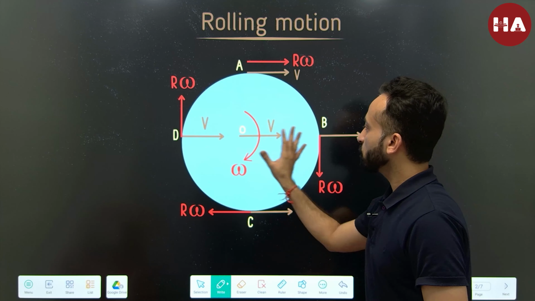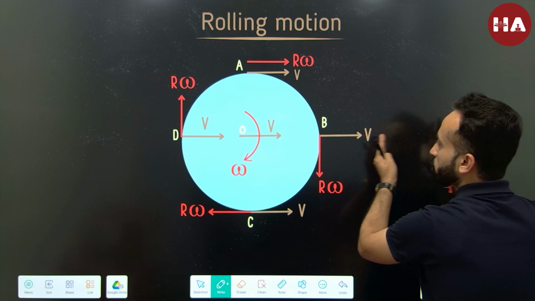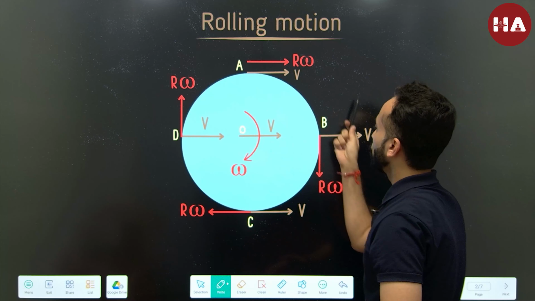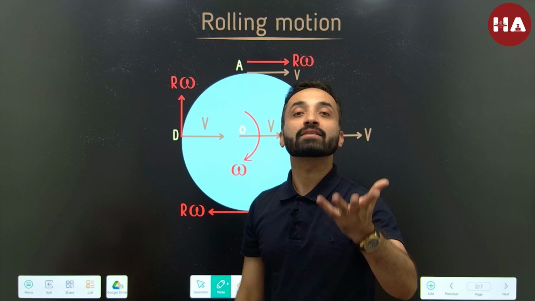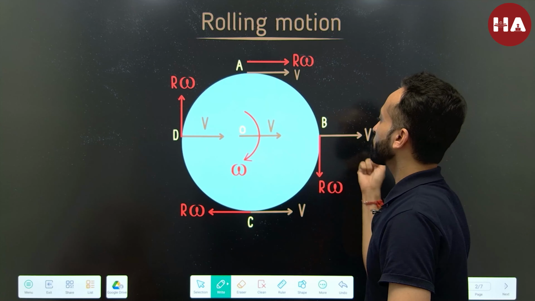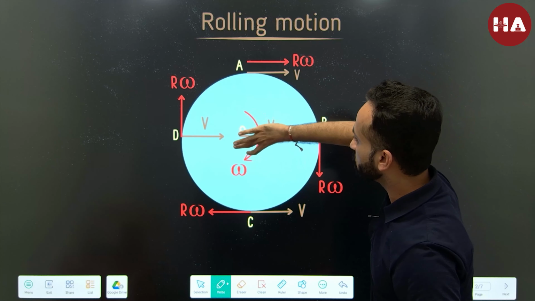Now let's first consider the translatory motion. Since this object is translating forward, all the 4 points are getting that velocity forward because we are learning rigid body dynamics. So all of these points will acquire that velocity. Now let's look at the rotatory motion.